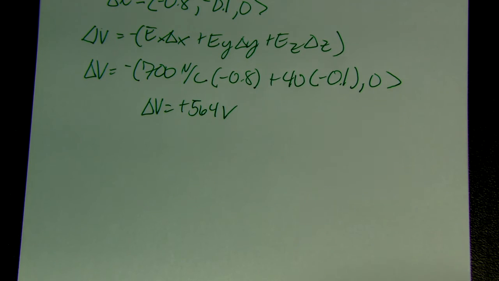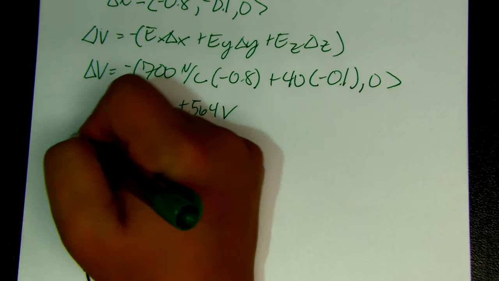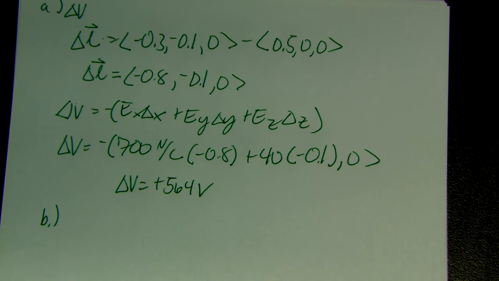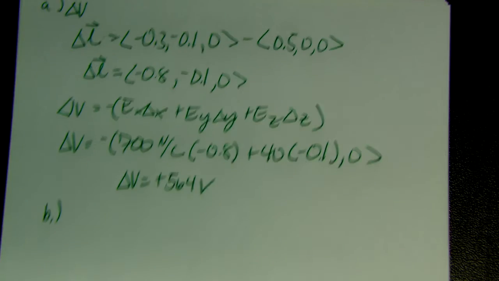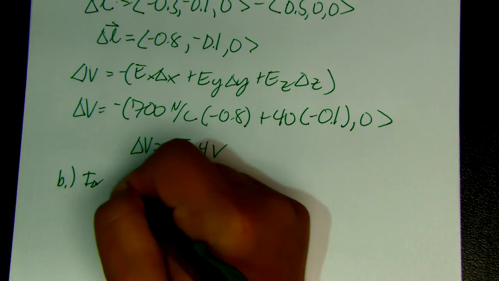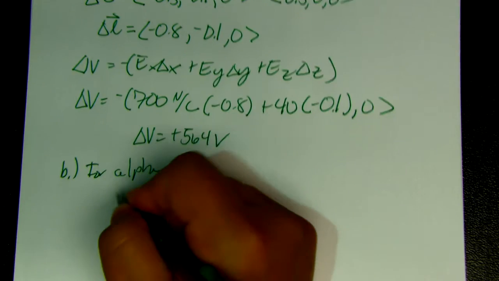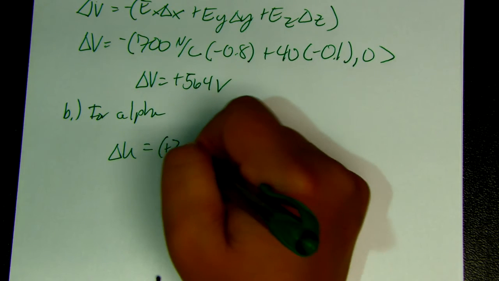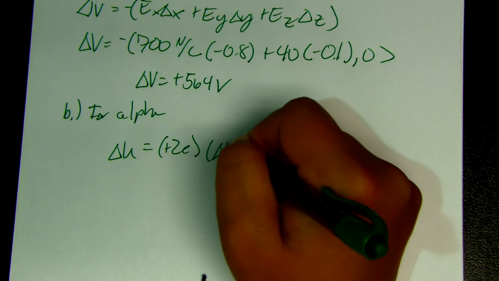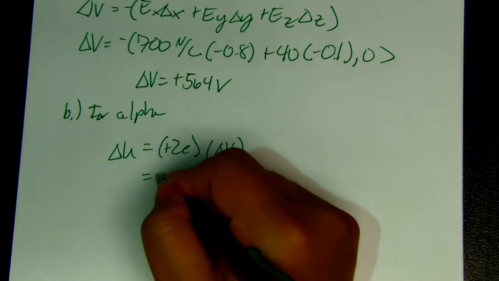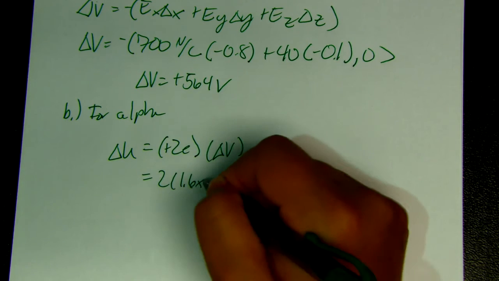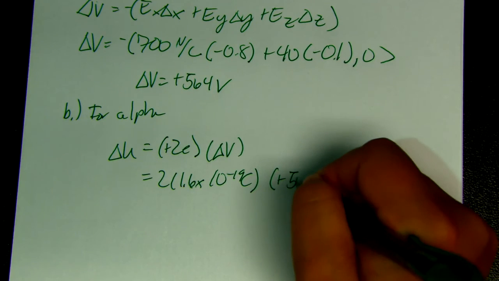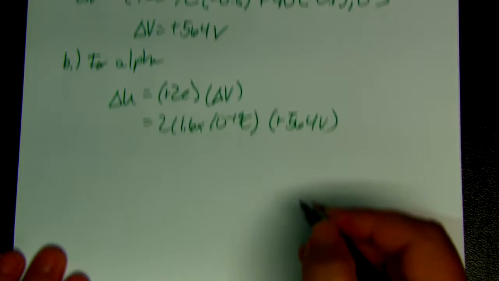Okay, so now we're all ready to do the calculation, since we have our formulation for electric potential energy in terms of delta V times the charge. All right, so for alpha, delta U is equal to plus 2e times delta V, which is 2 times 1.6 times 10 to the minus 19 coulombs times 564.